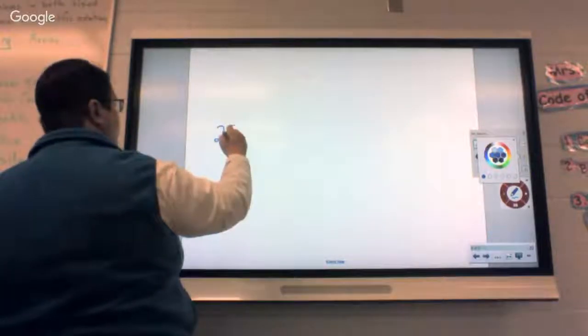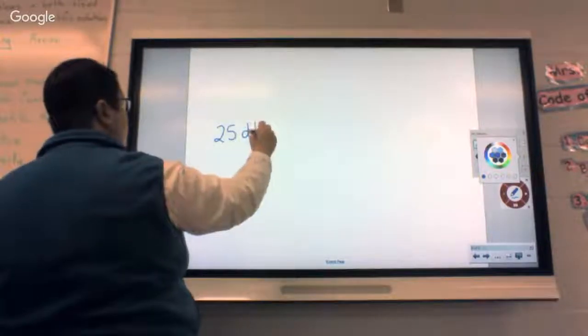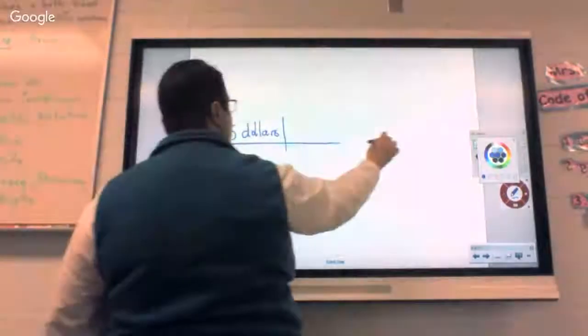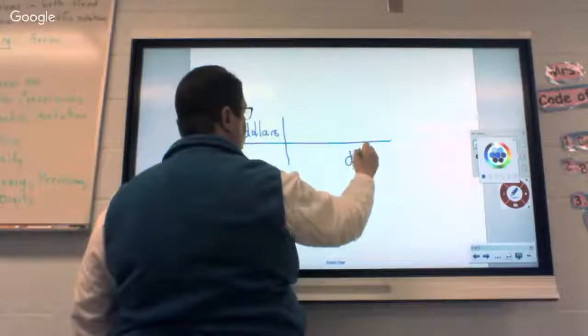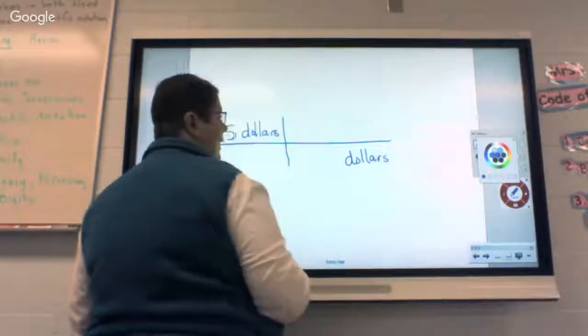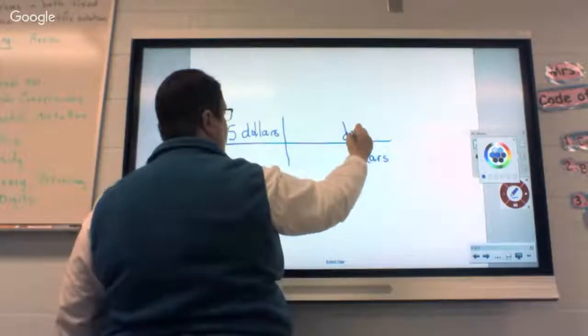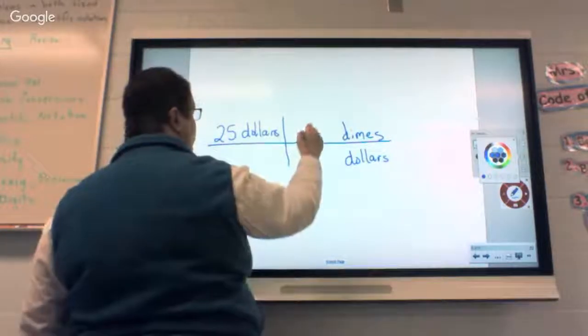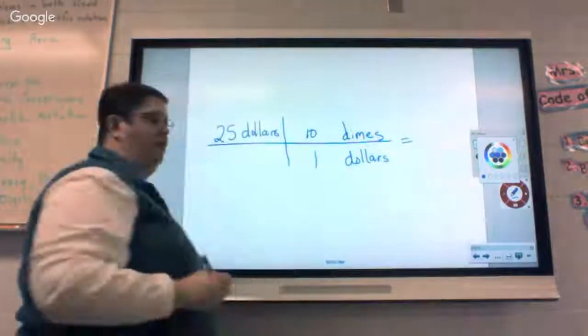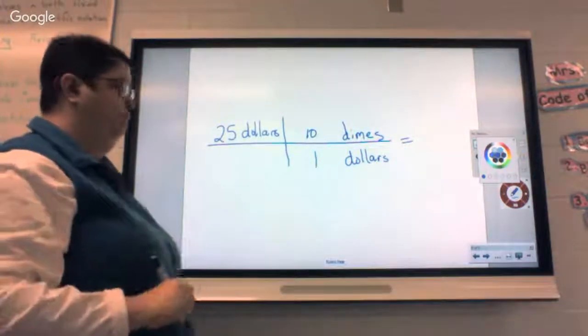Okay. So $25 is your given data, right? So what goes on the bottom? What am I asking you to find? Who's bigger? So get the one. How many dimes are in a dollar? So how do you solve it?